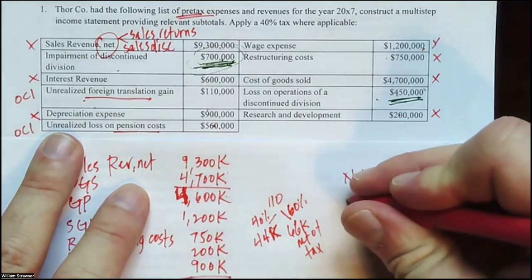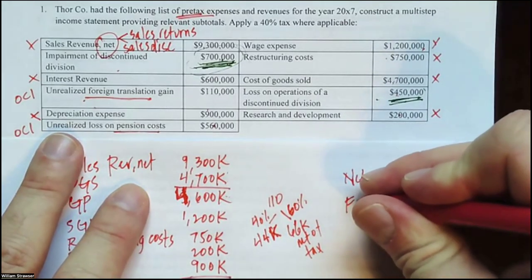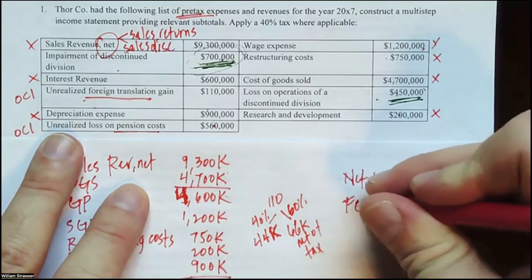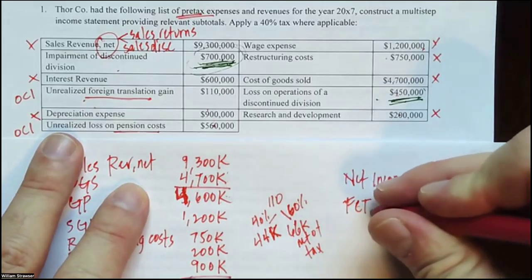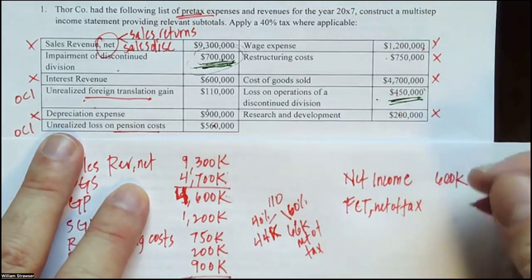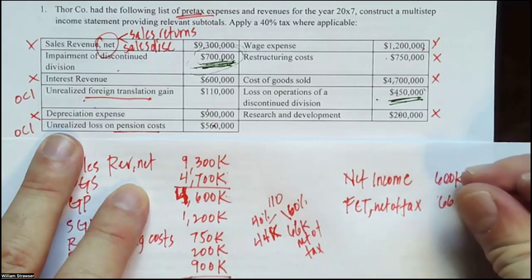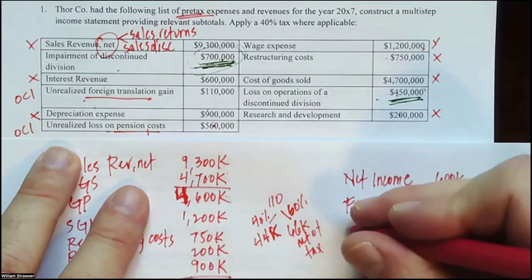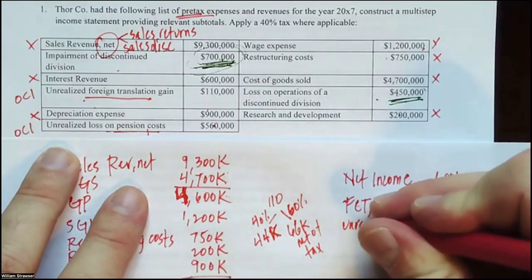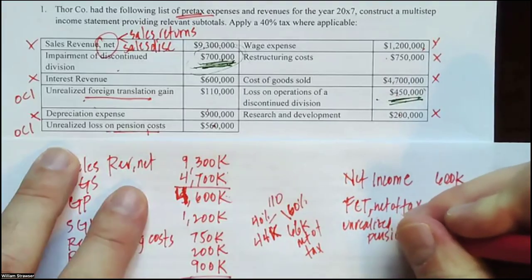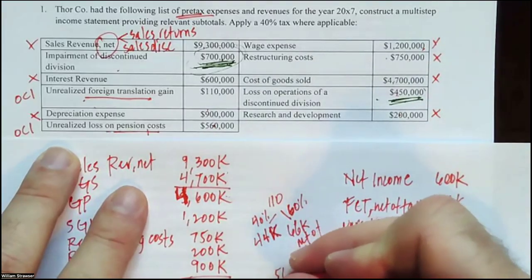And we can just call it foreign currency translation, FCT, net of tax, 66,000. The unrealized loss on pension costs, so I'll just call it unrealized pension, also needs to be stripped of tax.